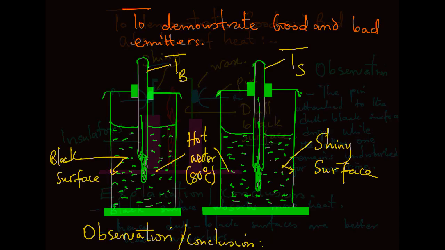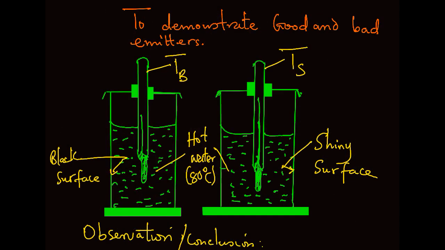We can also carry out an experiment to demonstrate good and bad emitters of heat. In this case, we need to set up the apparatus as shown in these two diagrams.